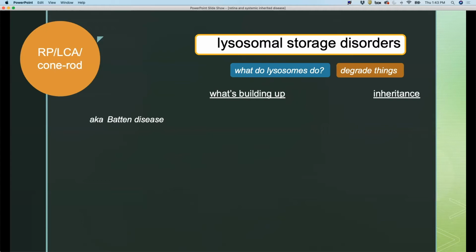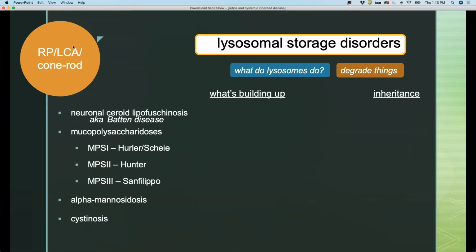What are some other lysosomal storage diseases that can cause a picture like this? Actually, is Refsum peroxisomal? Correct. Very good. The other names for Batten disease are ceroid lipofuscinosis.